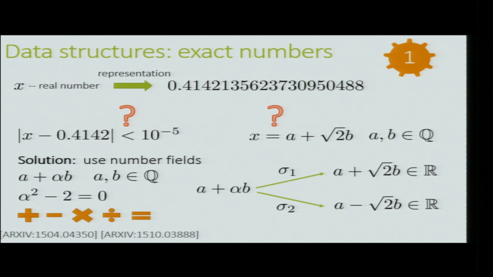This assignment is a field homomorphism, so it preserves addition, multiplication, and division, and sigma 1, sigma 2 are called embeddings of the number field into the reals. If all embeddings of the number field go into the reals, it is called a totally real number field. For the rest of the talk, we will be working just with totally real number fields.